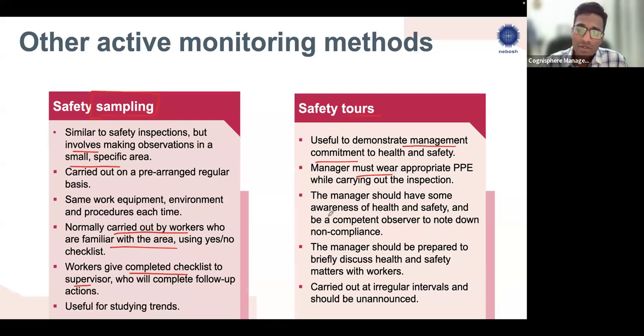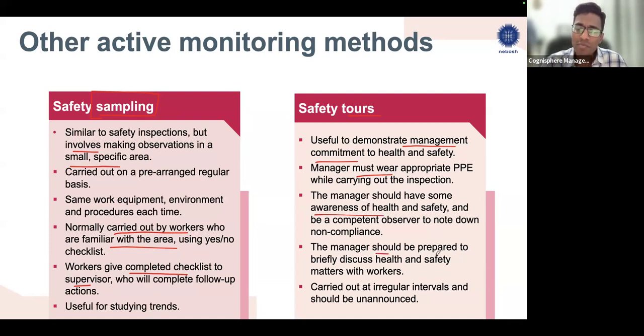The manager should have awareness of health and safety and be a competent observer to note down non-compliance. As part of a safety tour, they would also be interacting with the workers and operators, having two-way communication, and noting down areas of non-compliance. To that extent, they should have awareness of health and safety.